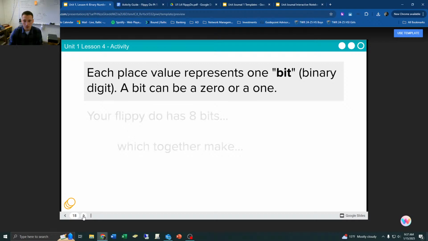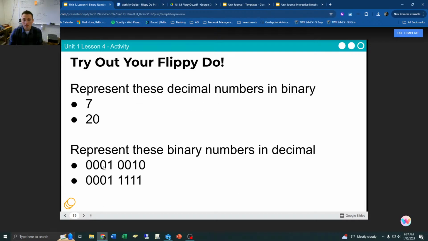Let's go to our sheet here quick. Now represent these binary numbers in decimal. So I've got 0, 0, 0. So if I write out on your flippy-do, you've got 128, 64, 32, 16, 8, 4, 2, and 1. Okay?